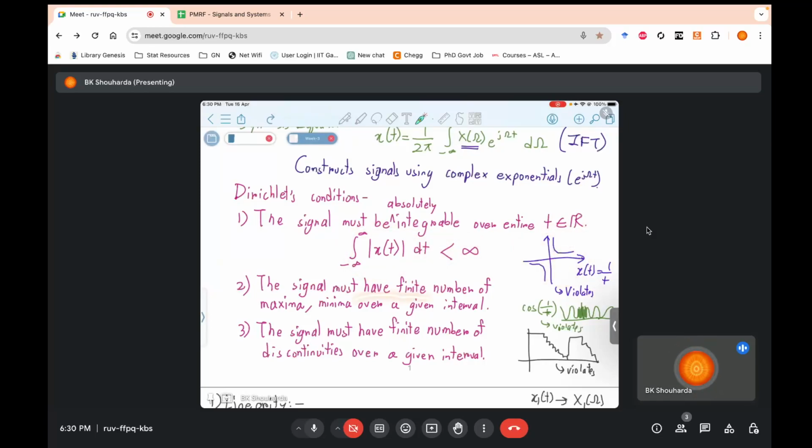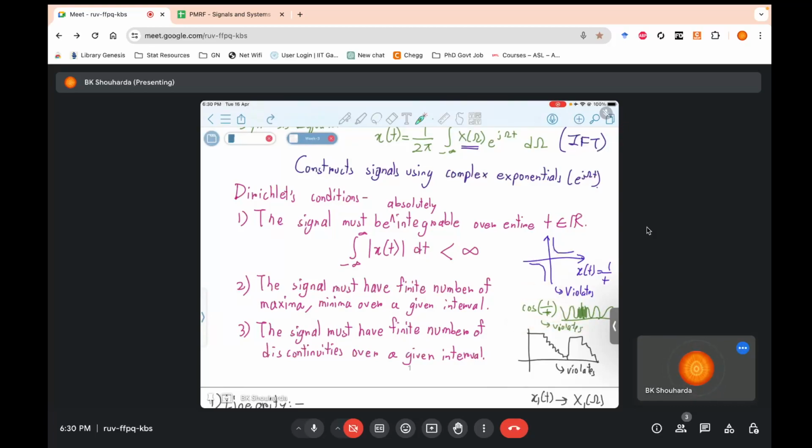Then the signal must have a finite number of maxima and minima over a given interval. For example, cos(1/t) has an infinite number of maxima and minima, infinite oscillations very close to 0. So this violates the Dirichlet condition, and cos(1/t) does not have a valid Fourier transform.